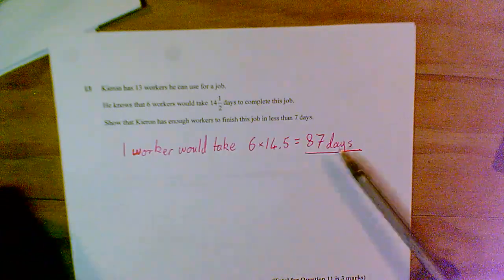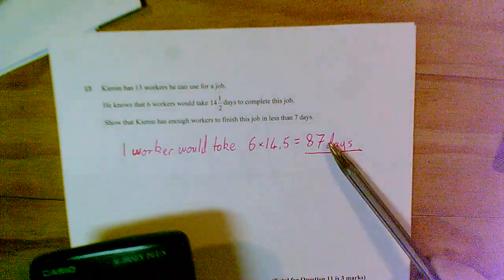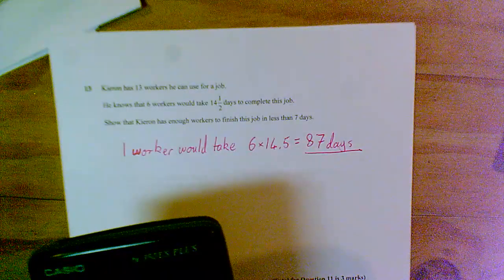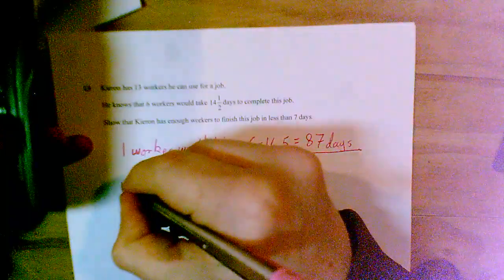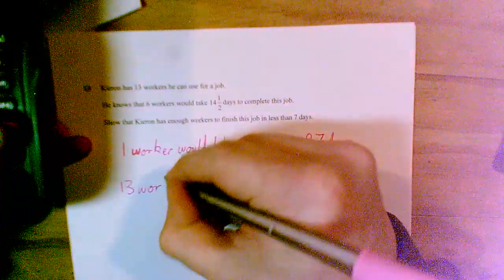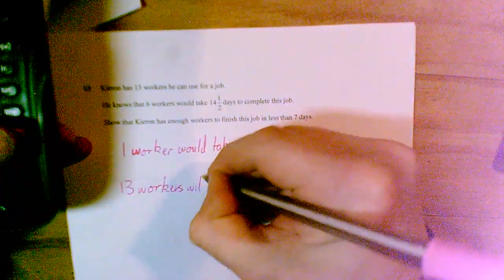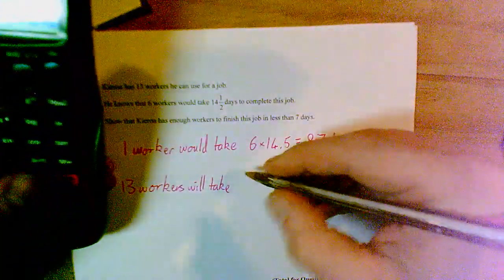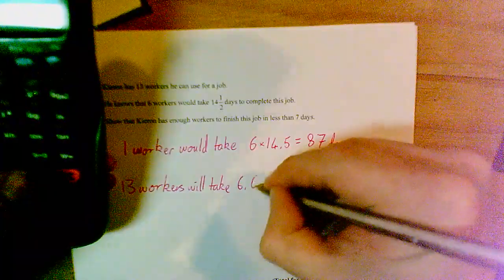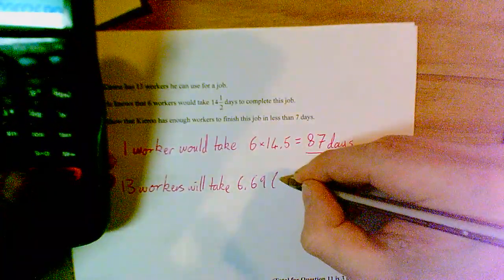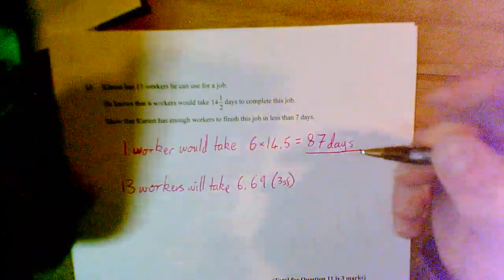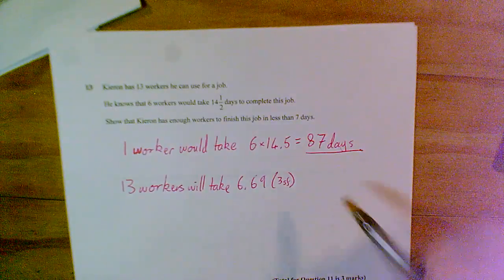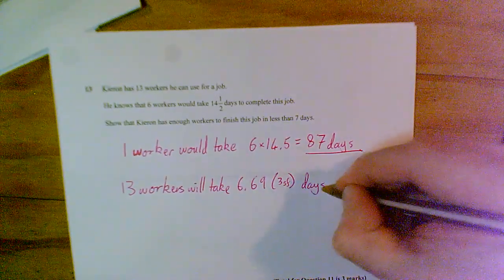I'm going to go with, I like that idea, how fast is Kieran going to finish it? 87 divided by 13. So 13 workers will take roughly 6.69. Just going to put 3 significant figures, not important. 6.69 days.